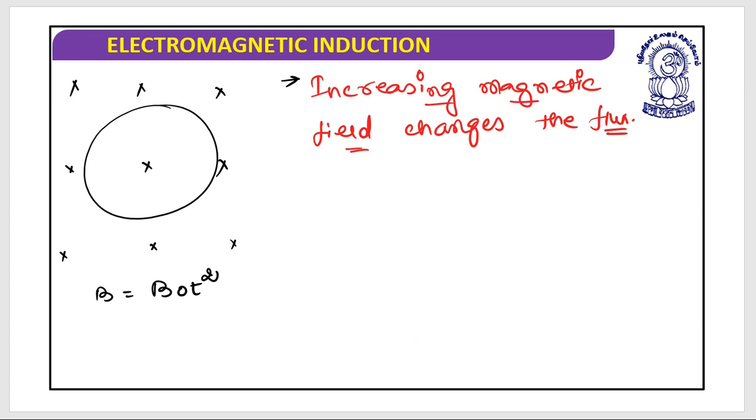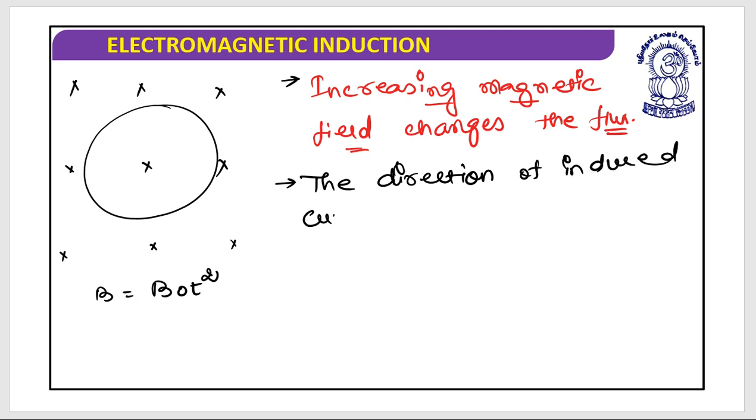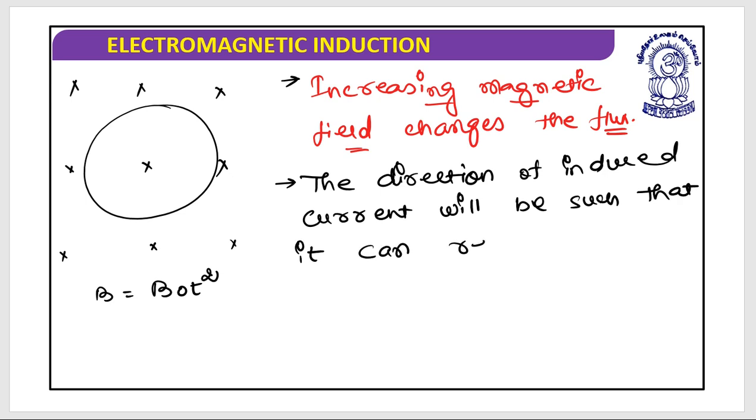So the direction of induced current will be such that it can reduce the inside magnetic field.